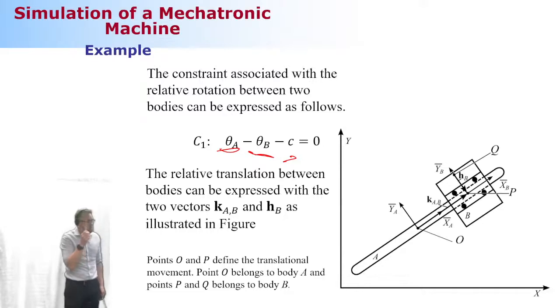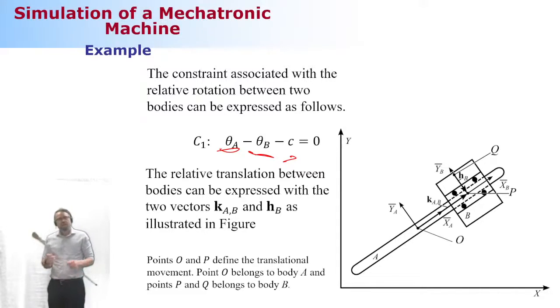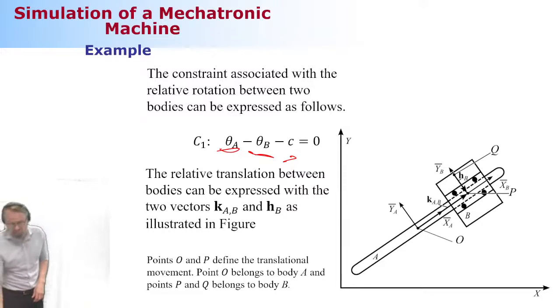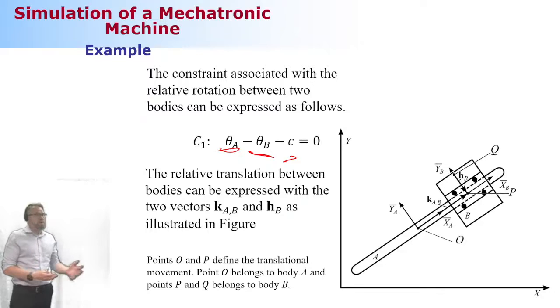The second one is more complicated because they can still slide along the beam-like body. That's still possible. How to make that happen? We need a little bit of assisting coordinates here. We need to set two vectors, and we're going to use a perpendicular condition, a mathematical condition, to make them perpendicular all the time.